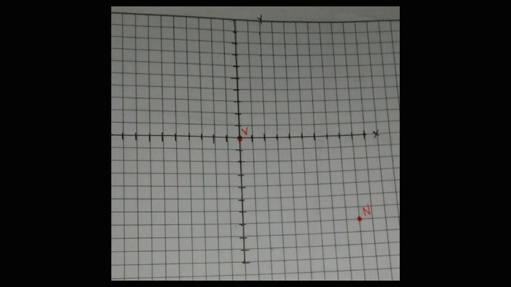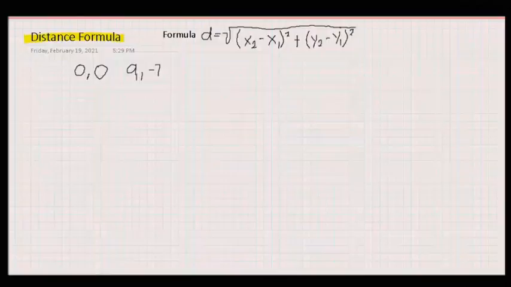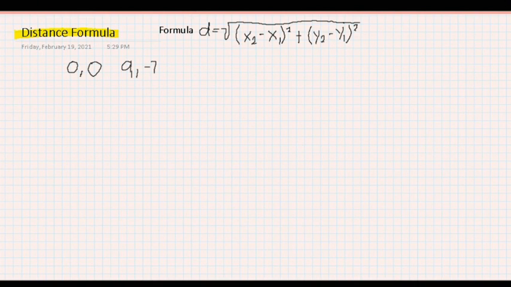As we can see in this graph, point B is at the midpoint, which is 0, 0, and our point N is at positive 9 and negative 7. So 0, 0 because our point B is at the midpoint, and 9, negative 7 because our point N is at 9 and negative 7.